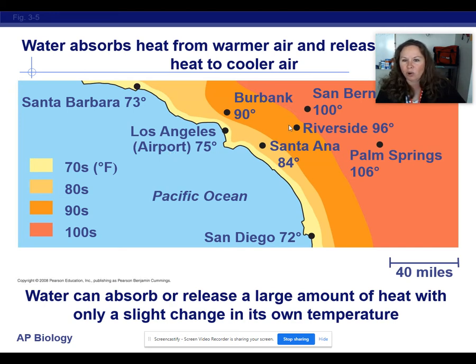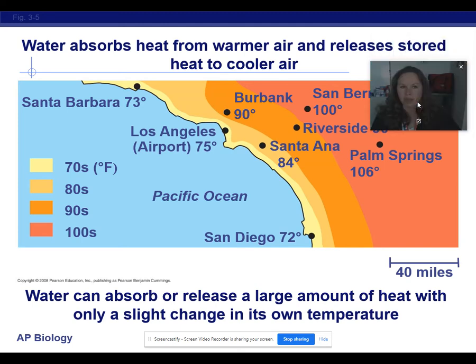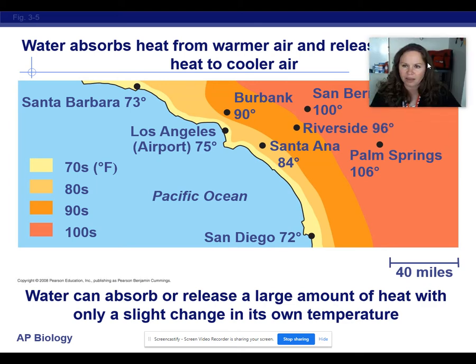But go a little bit further inland, you're going to hit 106 in Palm Springs, where there's less water, therefore less moderation of the temperature. Water absorbs heat from the warmer air and releases stored heat to the cooler air. It helps moderate us. Water can absorb or release a large amount of heat with only a slight change to its own temperature.